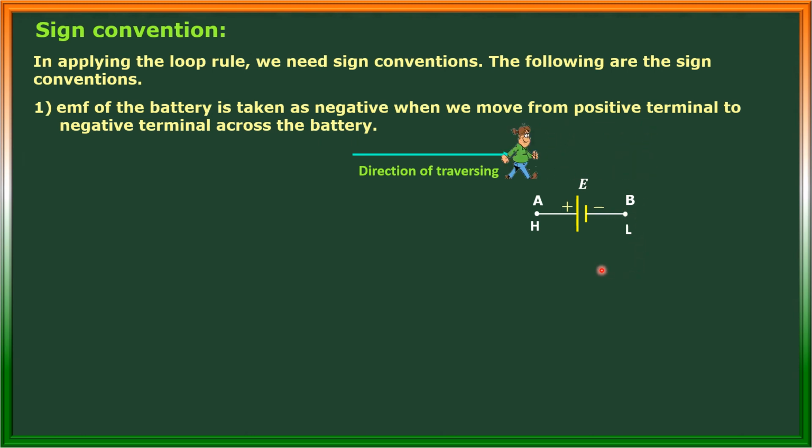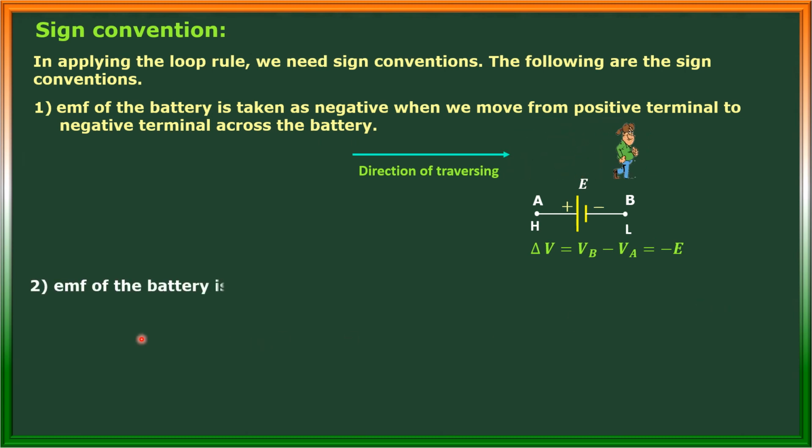Now I am moving from higher to lower. That means the potential is decreasing. So if we take the potential difference between the points A and B, delta V is equal to VB minus VA, because I am traversing from left to right, from A to B. So the potential difference VB minus VA, we get minus E, that is negative.